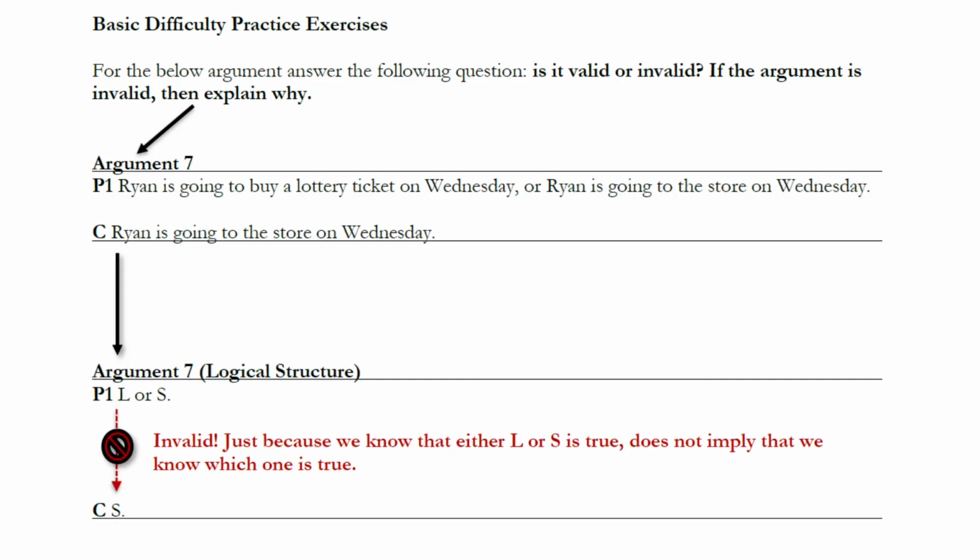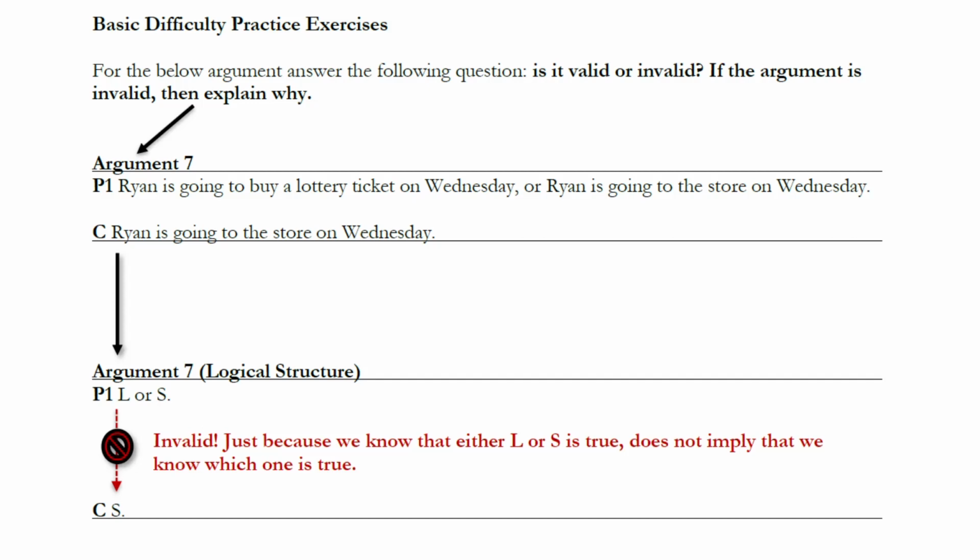Argument 7 reads, Premise 1, Ryan is going to buy a lottery ticket on Wednesday, or Ryan is going to the store on Wednesday. Conclusion, Ryan is going to the store on Wednesday. This argument is the exact same as argument 6, except the word "and" in premise 1 has now been replaced with the word "or." This might seem like a minor difference, but it matters a great deal in logic.